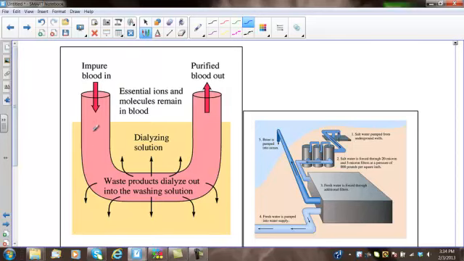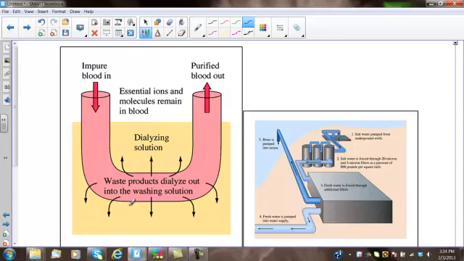The blood is passed through a cellophane tube which acts as a semi-permeable membrane, and that's what this pink thing is. This is the tube, and then the tube is put into a dialyzing solution, which is the background area here.